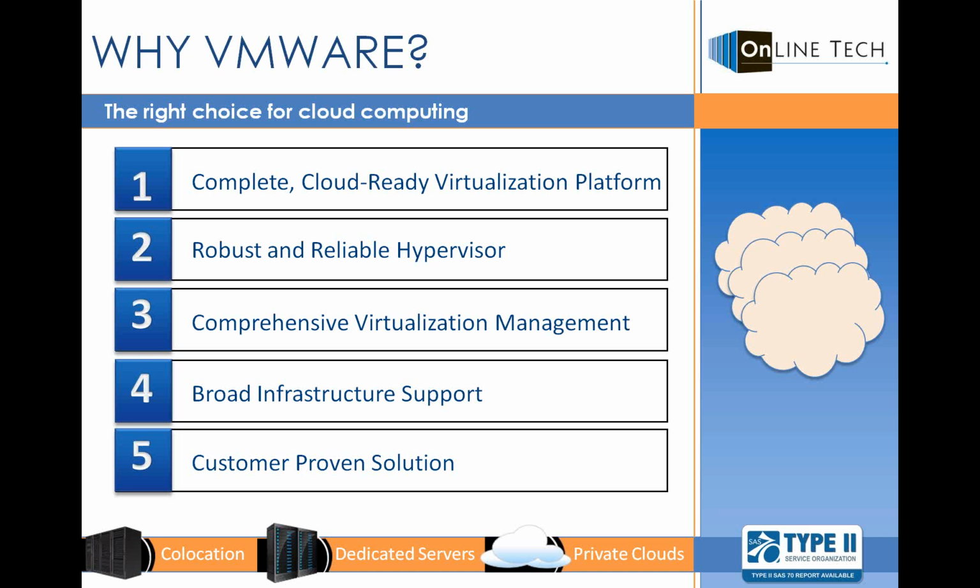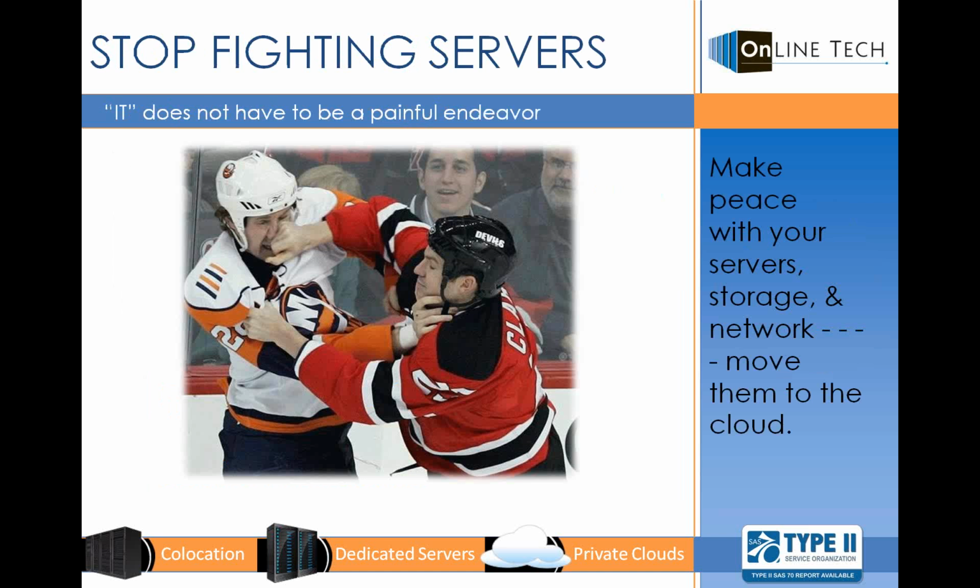And 5, you want something that's customer proven, and certainly VMware is working and running in the Fortune 50 companies out there as well as small to medium business. So VMware offers all of this in a cloud framework and then some. So stop fighting with your technology, embrace the power of the cloud, and yes, the cloud can help you stay out of the penalty box and help you with your entire IT infrastructure.